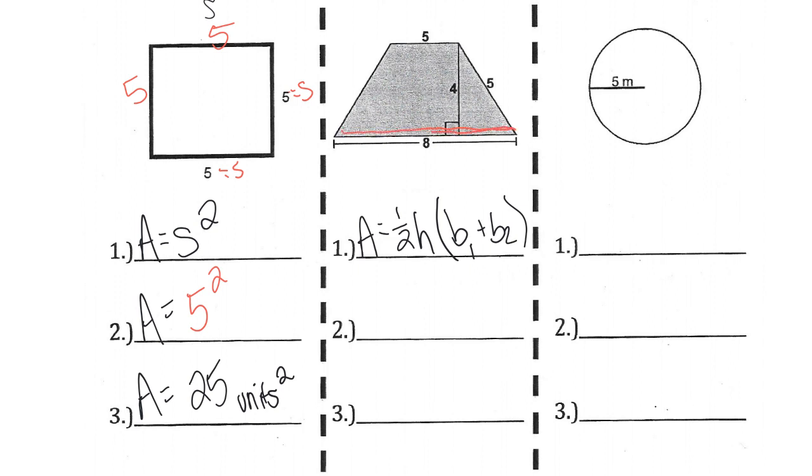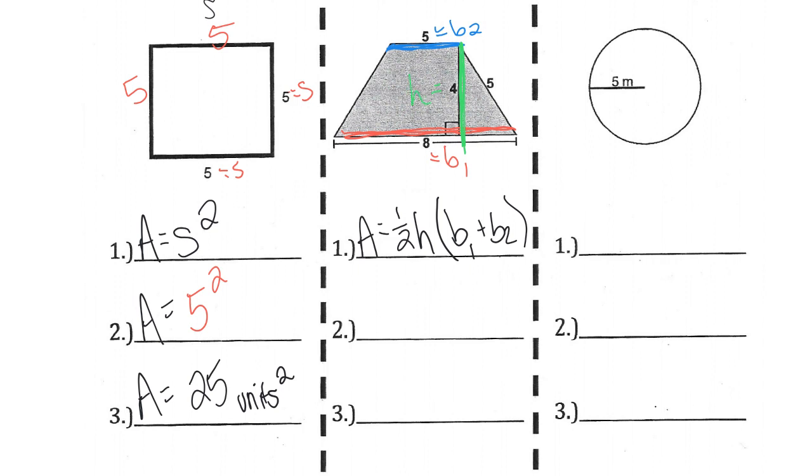Then our base 2 is our other base, the top half of our trapezoid, which is this top half. And then our height is from the top to the bottom, just like with triangles or parallelograms, inside the trapezoid.